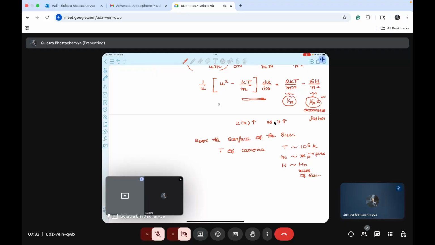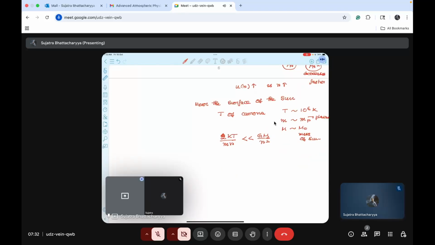Near the surface, 2kT by mr is much less than GM by r square, because r is small. As r is smaller, this term will dominate, so the gravity of the sun dominates.